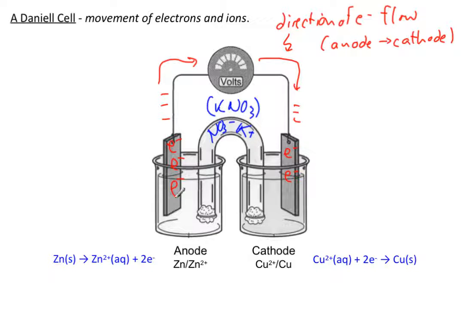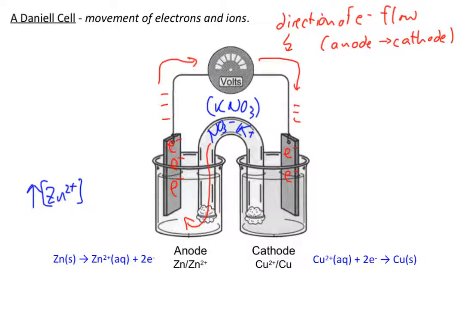And so here's what happens. As the electrons are produced, as the oxidation is proceeding, we get increased zinc 2 plus in solution. Every zinc atom that is oxidized becomes a zinc ion in solution, so we rapidly get increased zinc 2 plus. And so what happens? Nitrate is able to move into the anode.